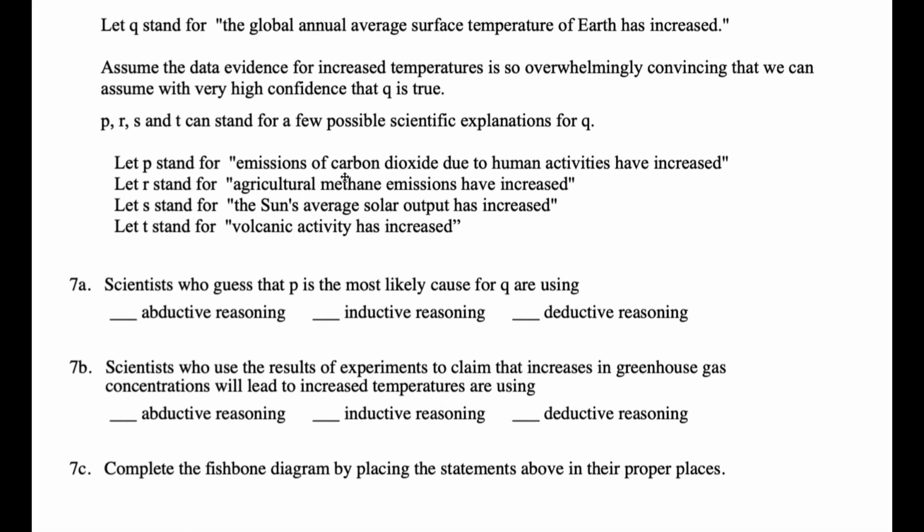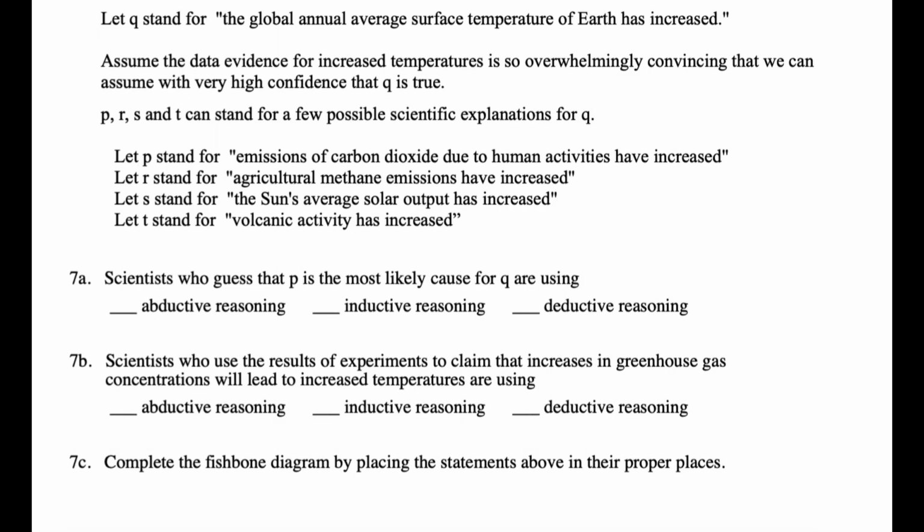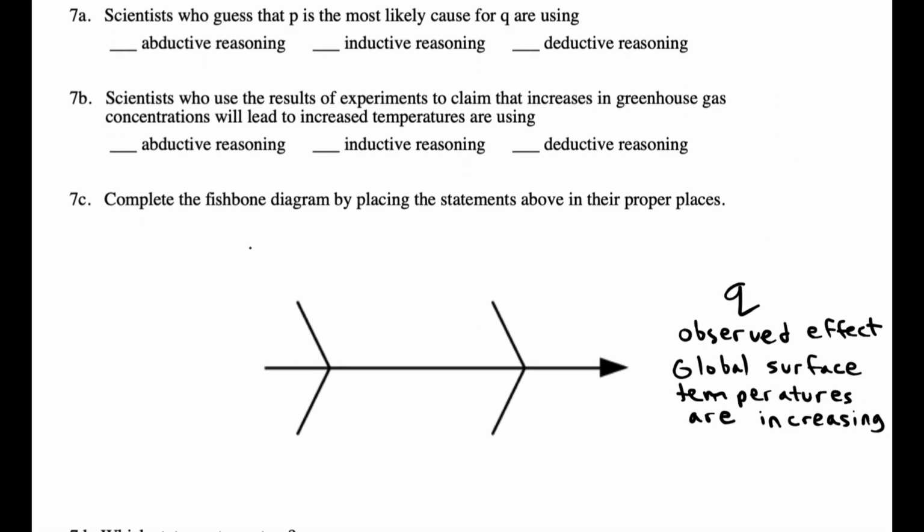So one possible explanation that's been proposed is that emissions of carbon dioxide due to human activities have increased, and maybe that's the reason why it's happening. So that would be P. P could be perhaps CO2 concentrations in the atmosphere have increased.